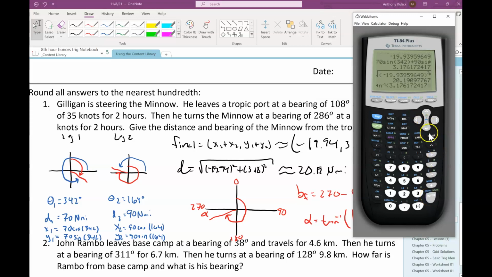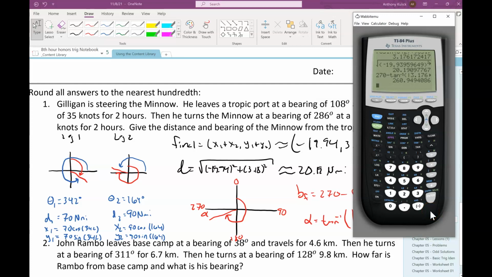Oops. Try that again. I forgot the absolute value, and I got some yucky negatives rolling in this problem. We doing okay? All right. There we go.